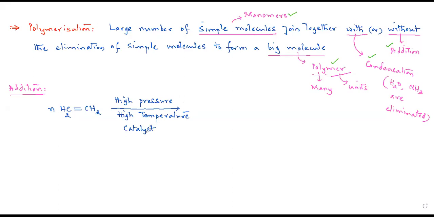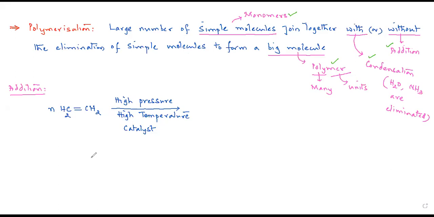Different types of catalysts are employed. In general, in polymerization of ethylene, we use a catalyst called Ziegler-Natta catalyst. Okay, we'll see them all later when we go for the polymers topic.